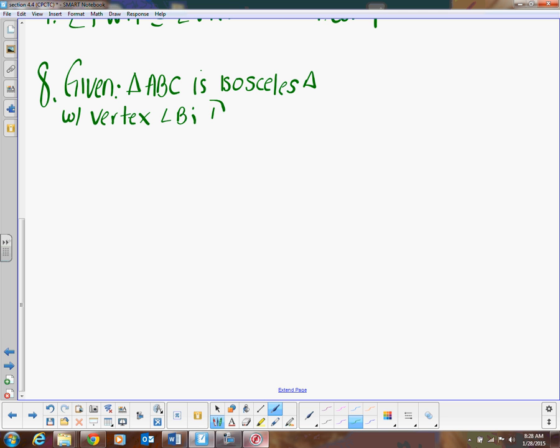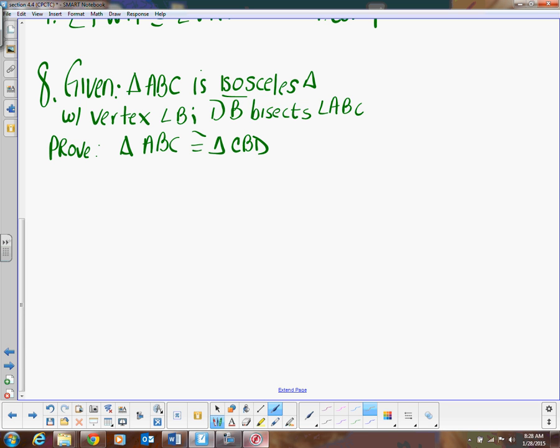Now I'm going to tell you that DB bisects angle ABC. And we're going to prove last night that triangle ABC was congruent to triangle CBD. But today, we're going to go a step further. And what are we going to prove? We are going to prove that AD is congruent to CD.